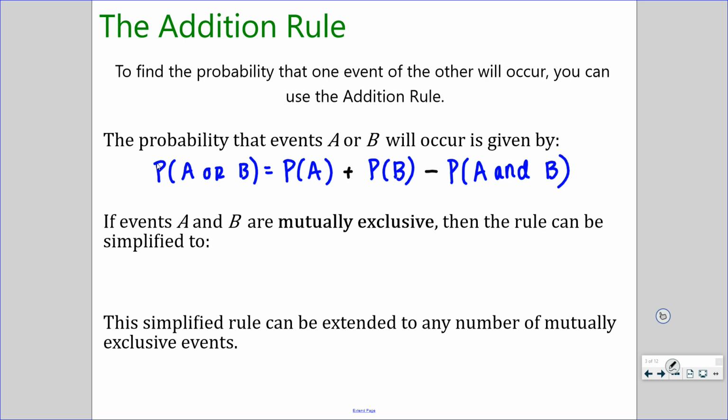However, if the events are mutually exclusive, there is no overlap. This is just 0. So if the two events cannot occur at the same time, you can simply do the probability of one event happening plus the probability of the other event happening.